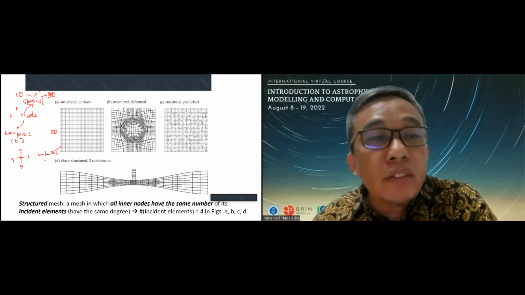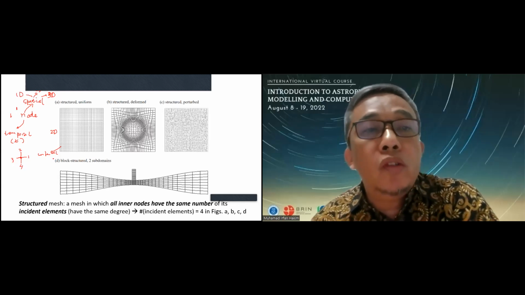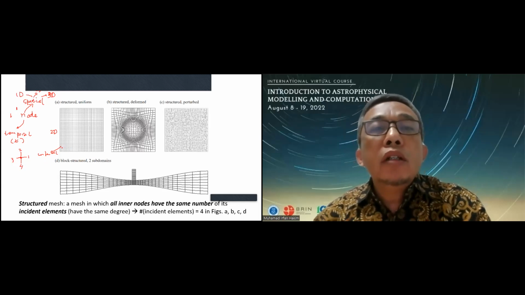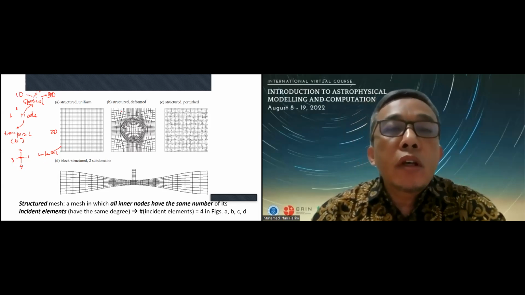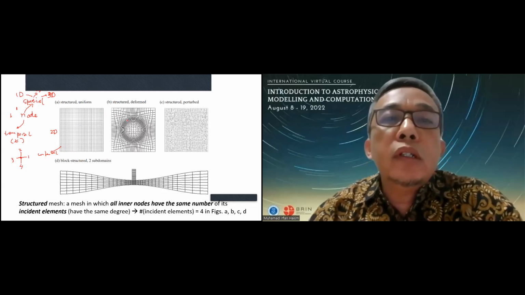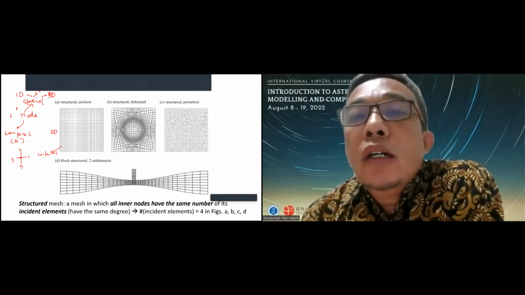You have to look at every internal node, spatial internal nodes. This is the uniform one. This is the uniform structured mesh.